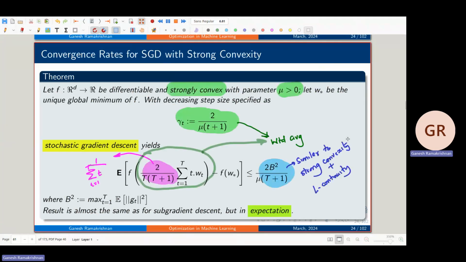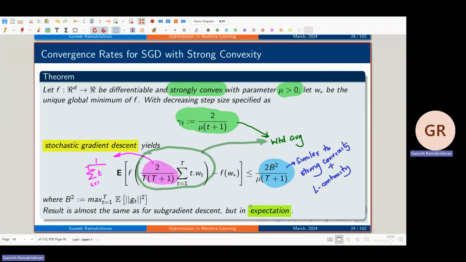So just to sum up, here you have everything in expectation. Oh, I'm sorry. You have some of the advantage, not completely. There is a 1 upon t into t plus 1. But it's still not as good as what we had for strong convexity.